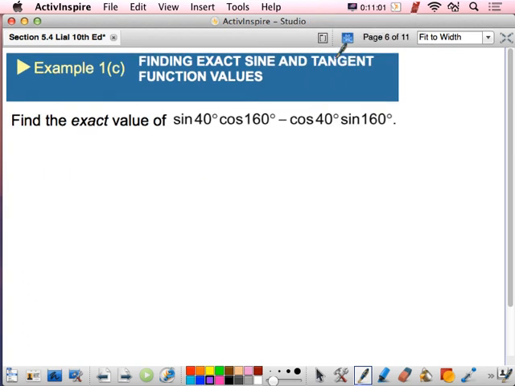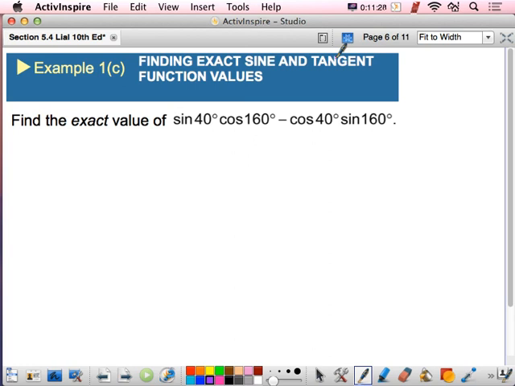For the last part of example 1, we're going to look at it a little bit differently. We want to find the exact value of the sine of 40 times the cosine of 160 minus the cosine of 40 times the sine of 160. And you can see that in this case, we have been given the right side of an identity, not the left side. So that's okay. All we have to do is condense it back. Which formula is this?